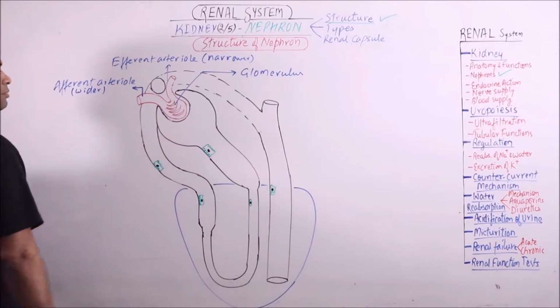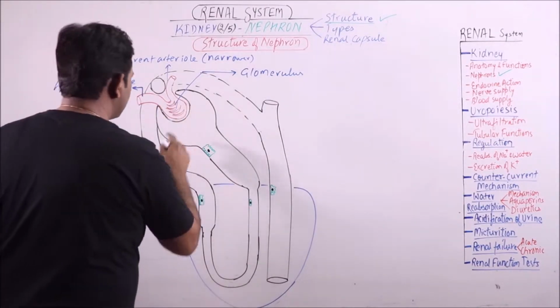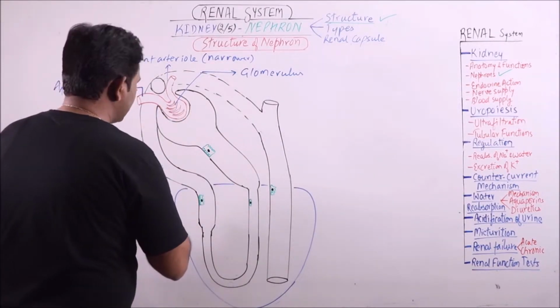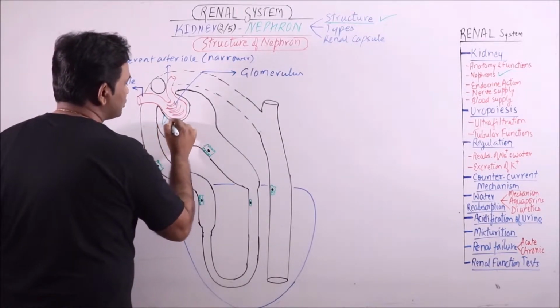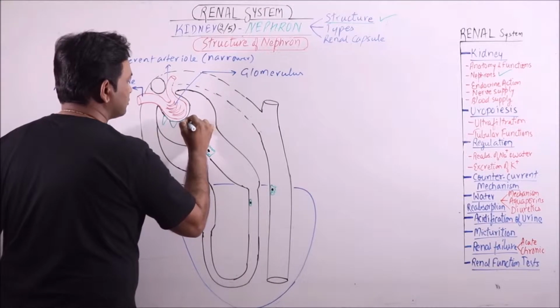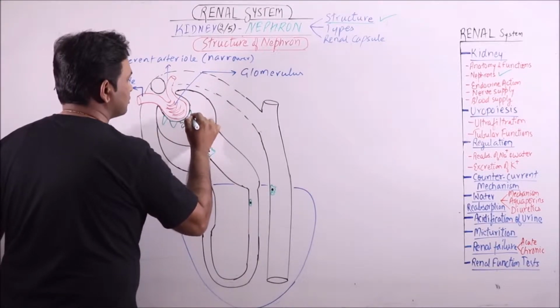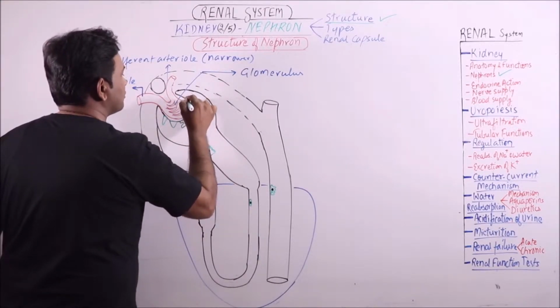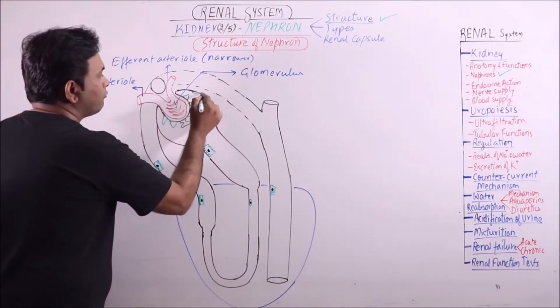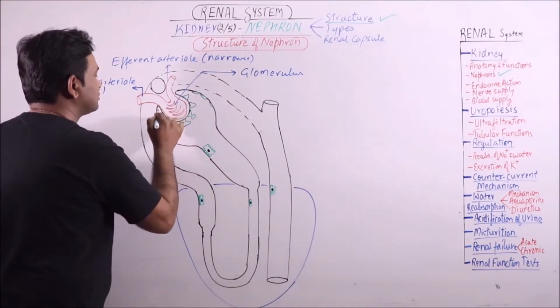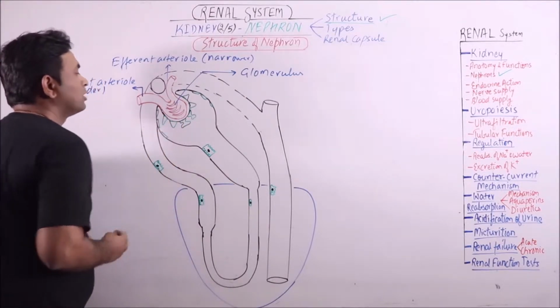This is a tuft of capillaries. Now this is the Bowman's capsule. It is having podocytes in the inner layer, while the flat cells are present in the outer layer.